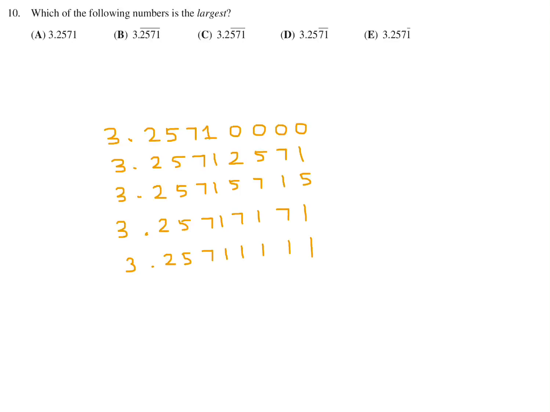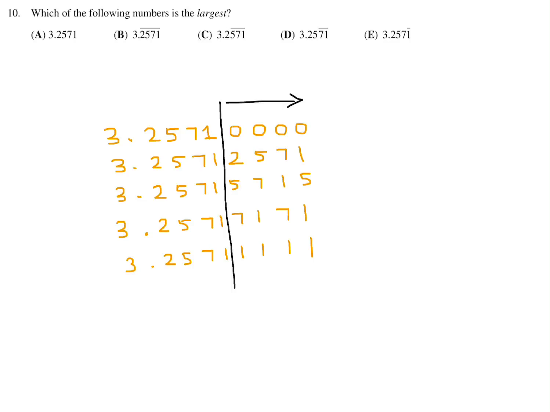And then, since the first 4 digits after the decimal point are equal, we really are looking at a comparison of this part. And we have to choose which one is the largest. So you see how if you line it up like that, it makes it much easier.